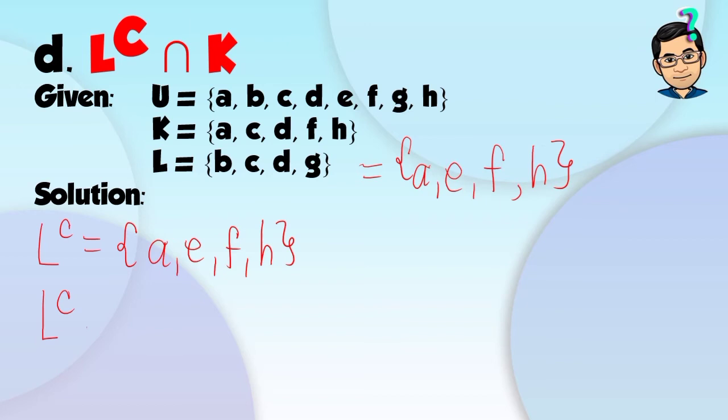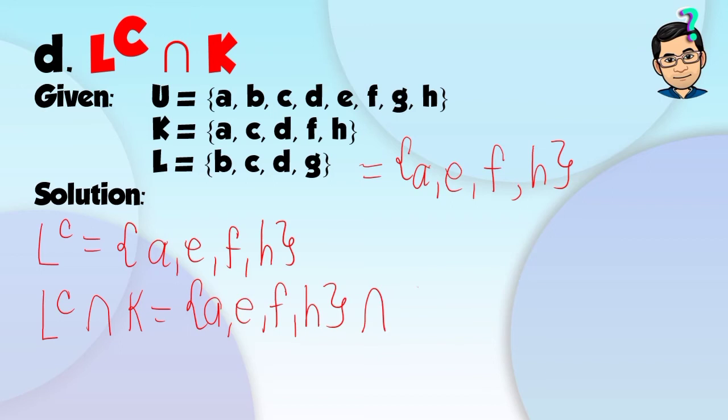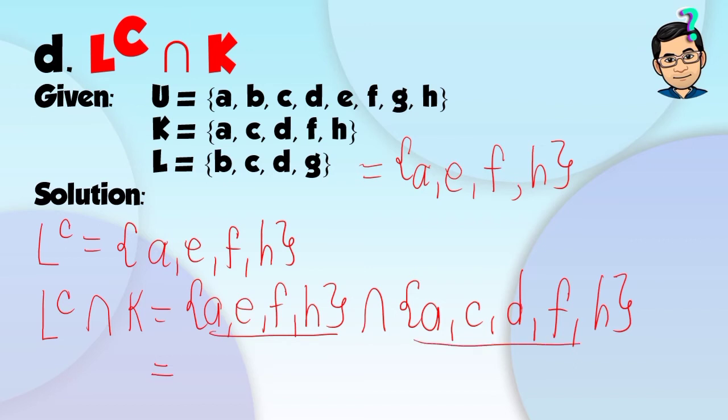And then, L complement intersection K. So, yung mga elements ng L complement, sulat natin ulit A, E, F, and H. Next, yung mga elements naman ng K. We have A, C, D, F, and H. Okay. So, for our last step, so titignan natin ano bang mga elements ang common sa dalawang set na yan.